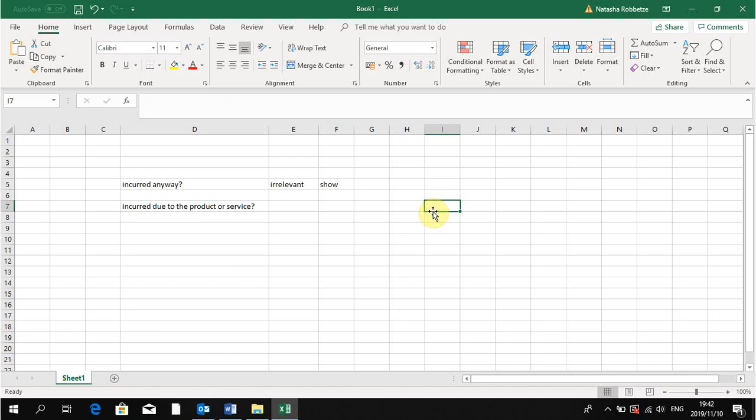If it is incurred because of the product or service, then it becomes relevant, and you need to show the amount in your calculation. So this is a very important principle when you are doing calculations for this topic of relevant costing. You need to ask yourself, is it incurred anyway, irrelevant of whether I have a product or service, or is it incurred because of the product or service?